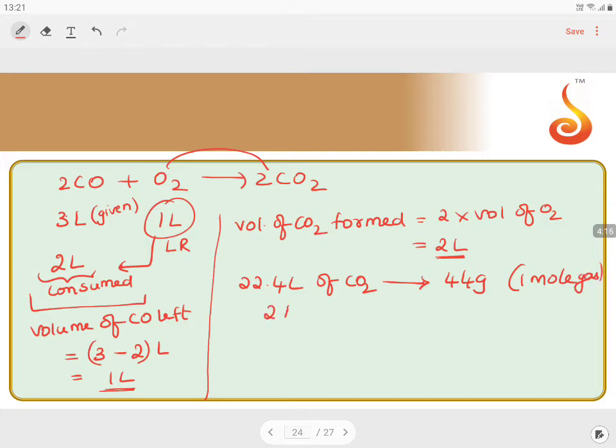But 2 liters of carbon dioxide is equivalent to how much? That will be 2 into 44 by 22.4, which is equivalent to 3.928 grams.